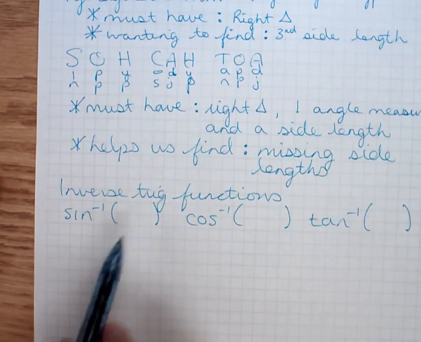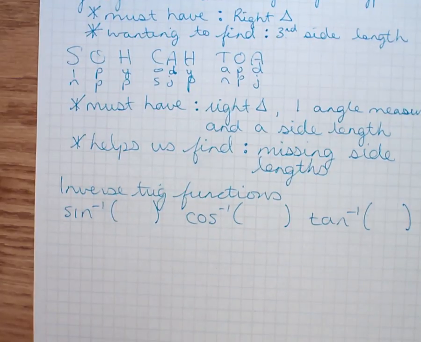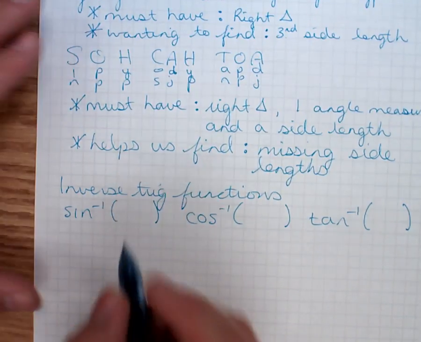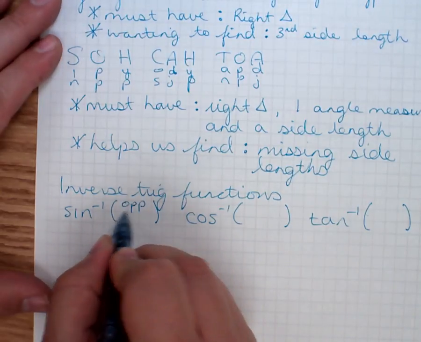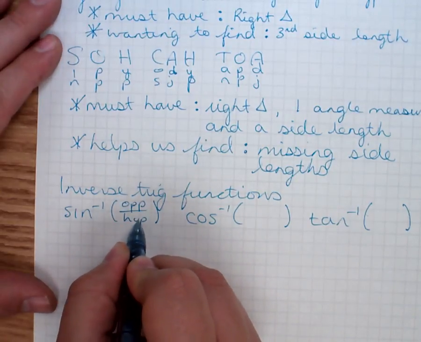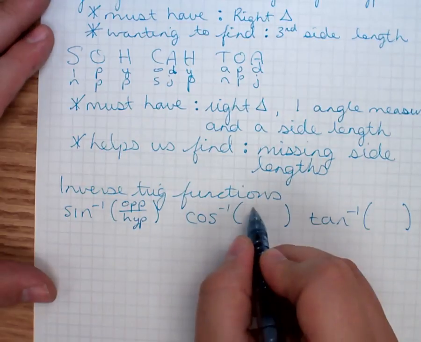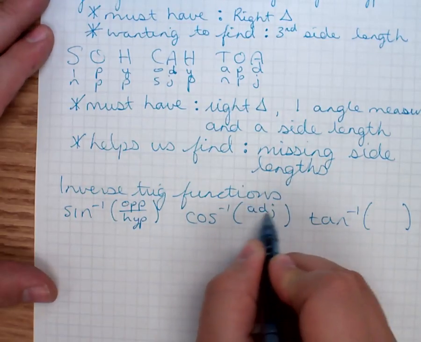To use inverse sine, what do we have to have? The opposite side and the hypotenuse. Cosine is adjacent and hypotenuse. And tangent?